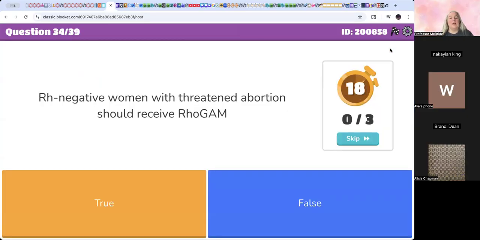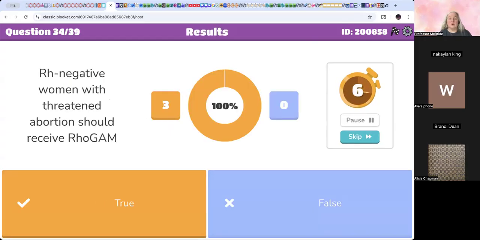Rh negative women with threatened abortion should receive RhoGAM. True or false? That's just going to be true. Good. So what's a threatened abortion? It is a closed cervix with possible bleeding, no pain.